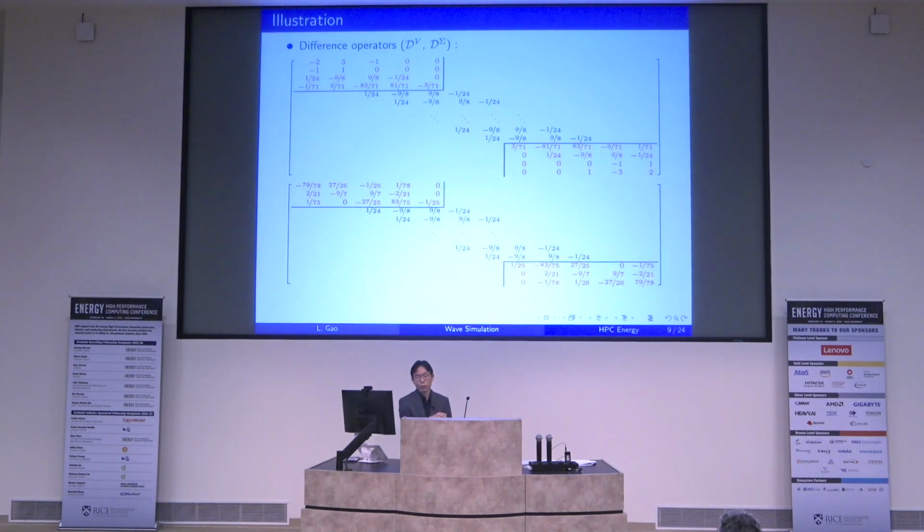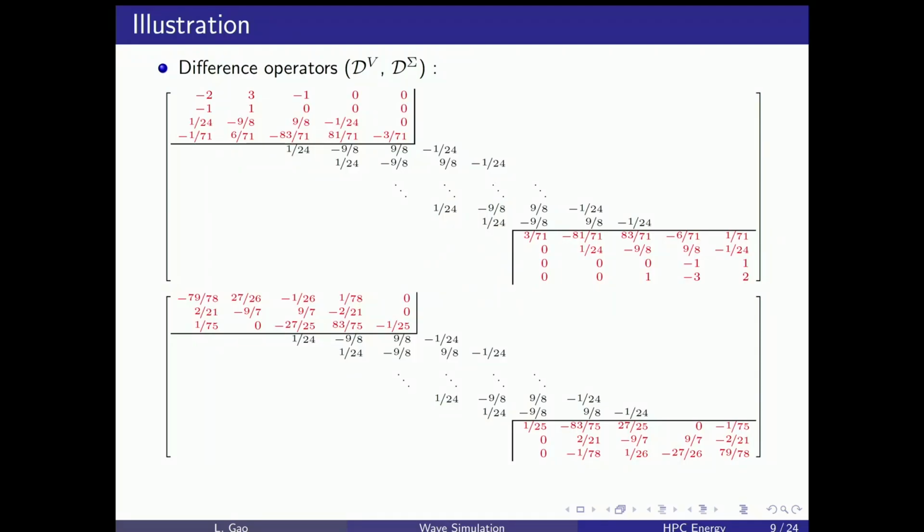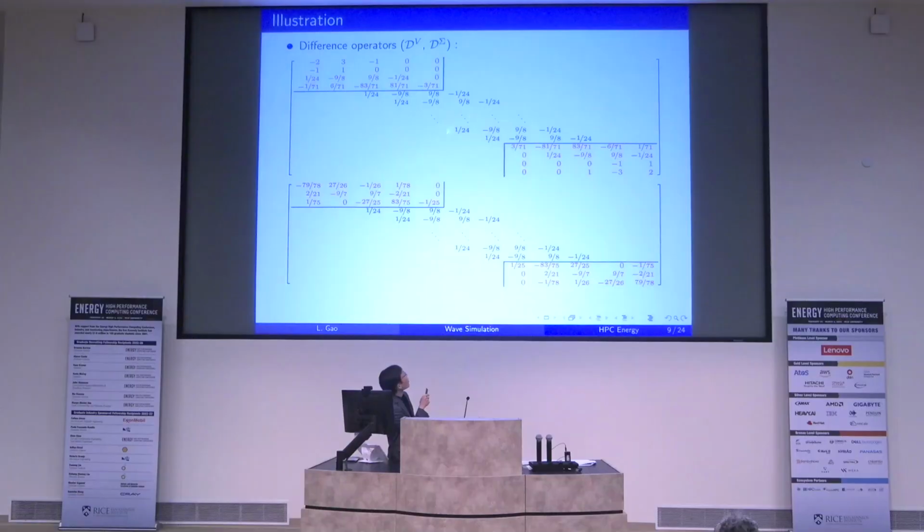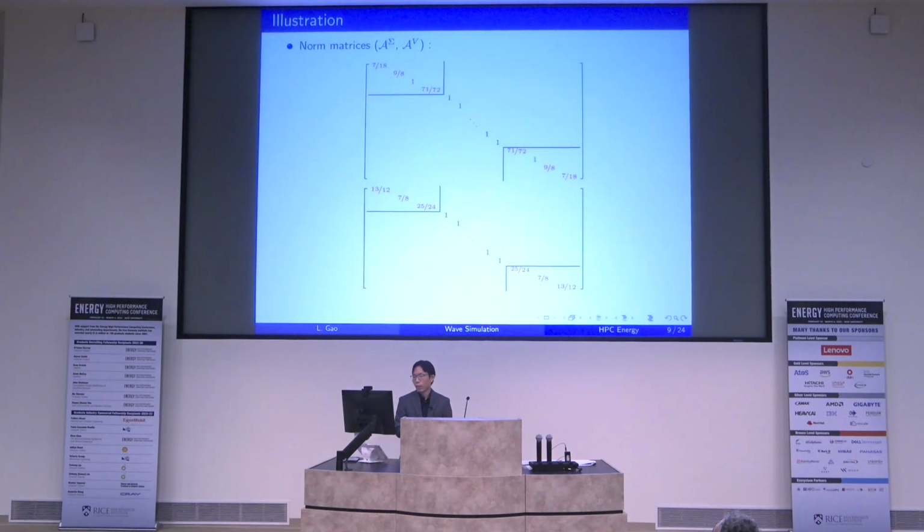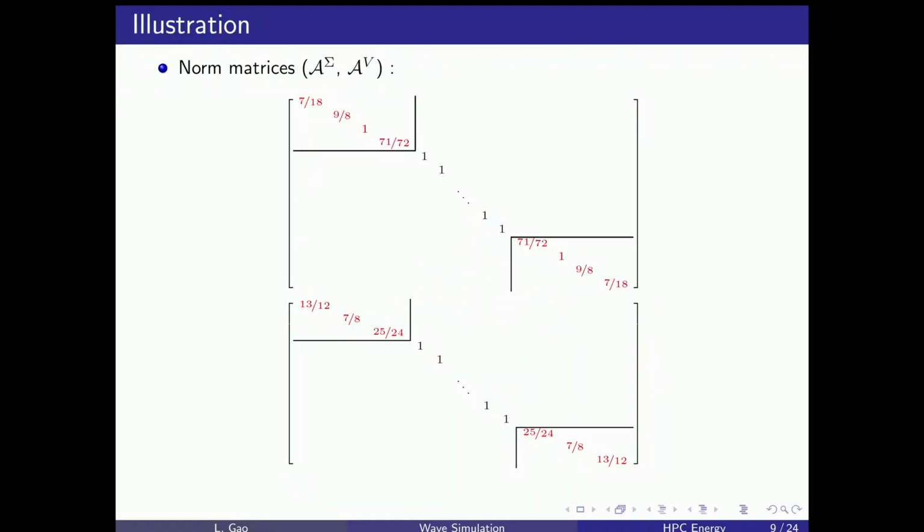I'm not going to go into detail about how you come up with this kind of operator, just assure you that you can actually come up with this kind of operator. You'll notice that in the interior, it's actually just the standard operator. You only need to do some adaptation near the boundary. These are the norm matrices. In the interior, it's pretty much just the identity. Only need to do some adaptation near the boundary.